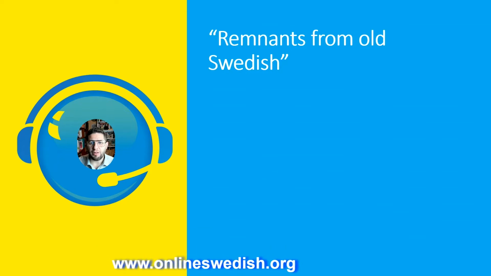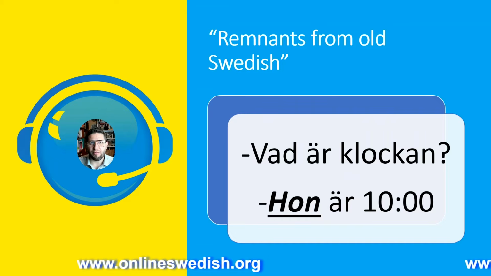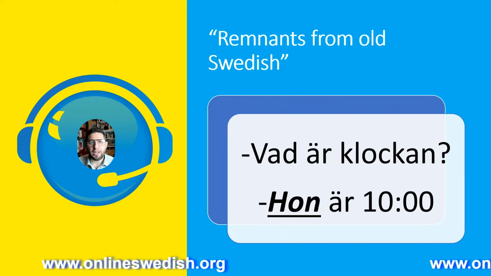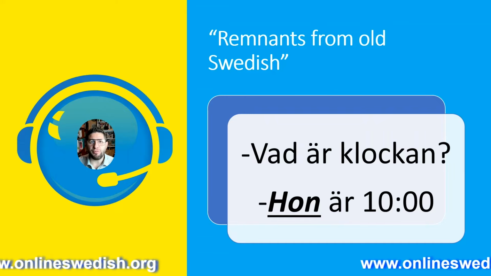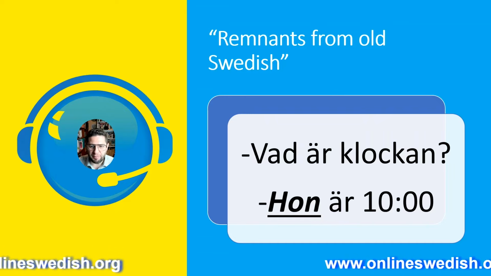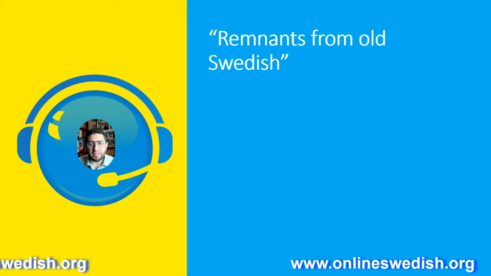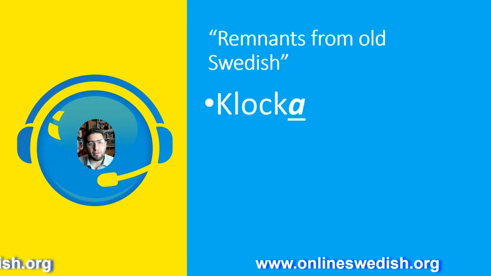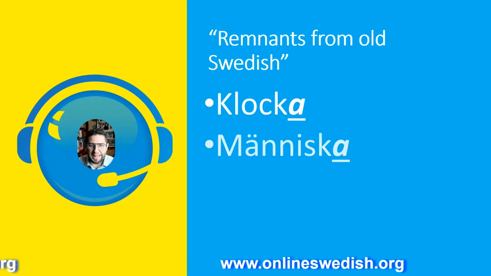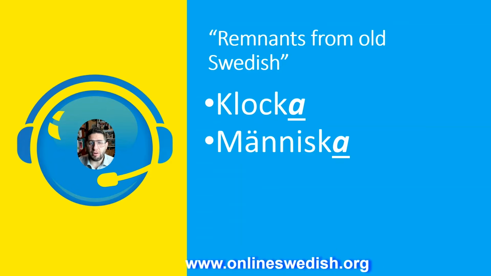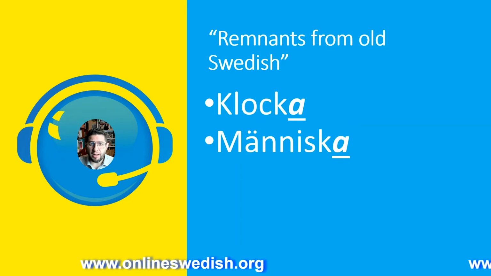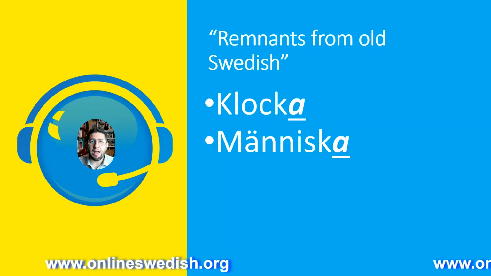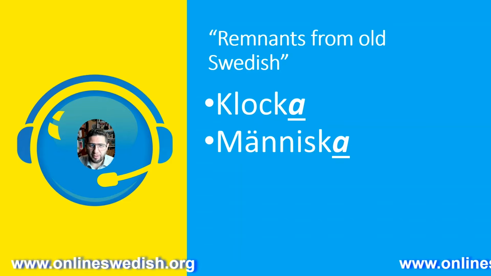For example, if you ask vad är klockan, you can respond by saying hon är 10. In other words, you refer to the clock as she. It's a remnant from Old Swedish, where words such as klocka, människa, words ending in a, similar to many other European languages, nouns ending in a tend to be feminine words.